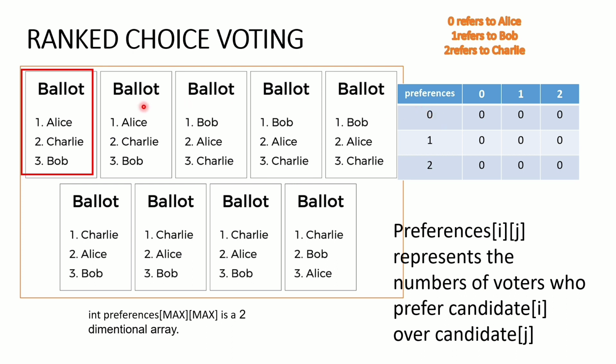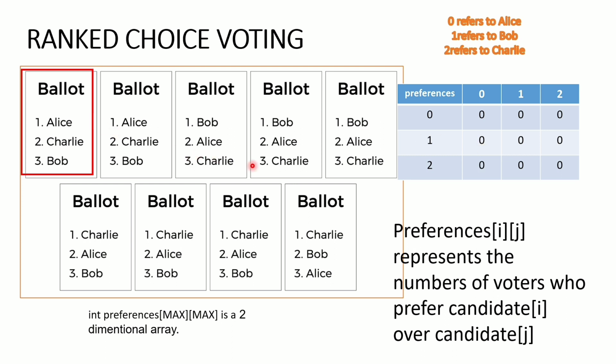Because let's say in the first ballot, Alice is rank 0. Okay, so rank 0 is preferred over rank 1 and rank 2. Okay, so preferences[ranks[i]][ranks[j]] should be plus equals 1, and that should be incremented by 1.